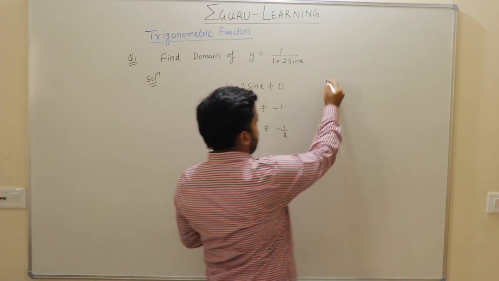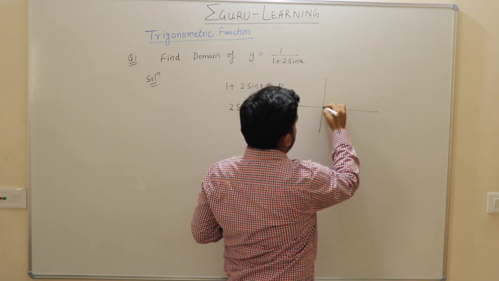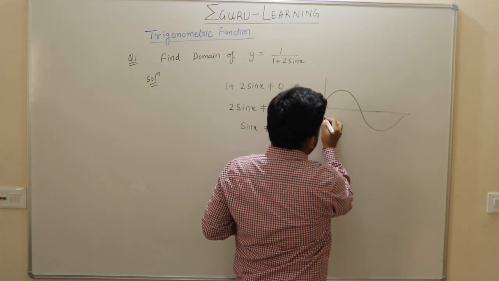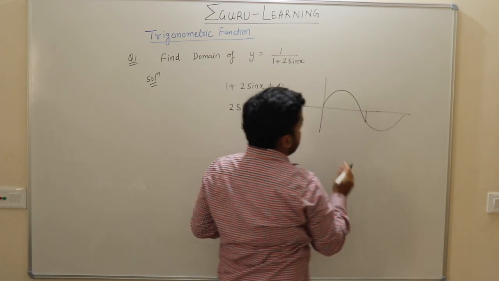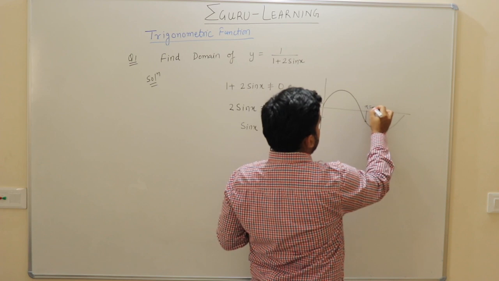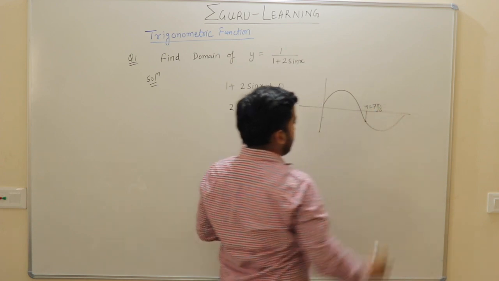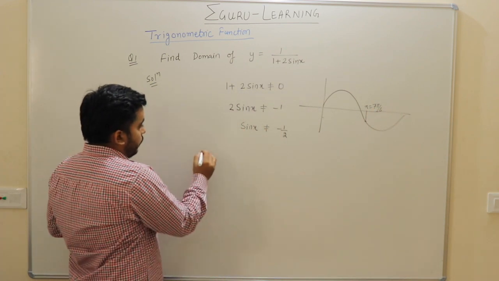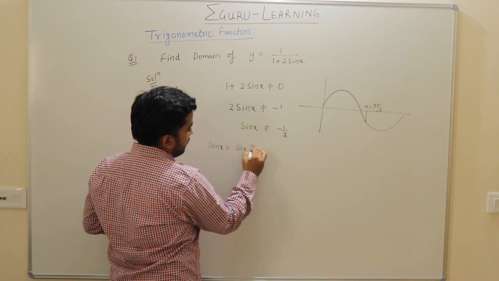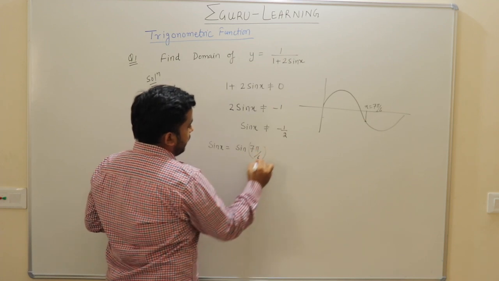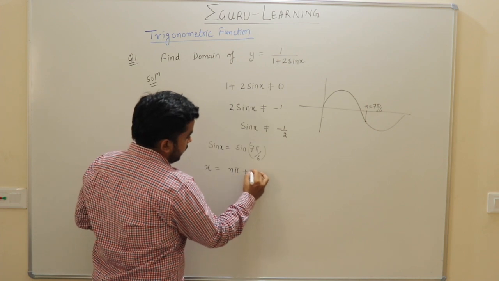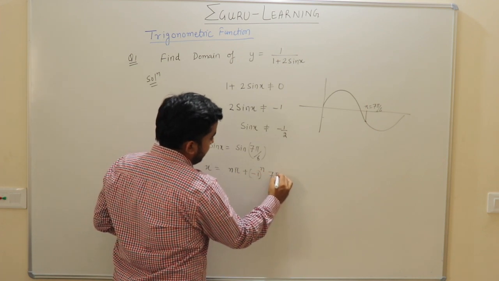The first point where sin x becomes minus half is pi plus pi by 6, so this point is x equals 7 pi by 6. Now if sin x equals sine of 7 pi by 6, the general solution is x equals n pi plus minus 1 to the power n times 7 pi by 6.